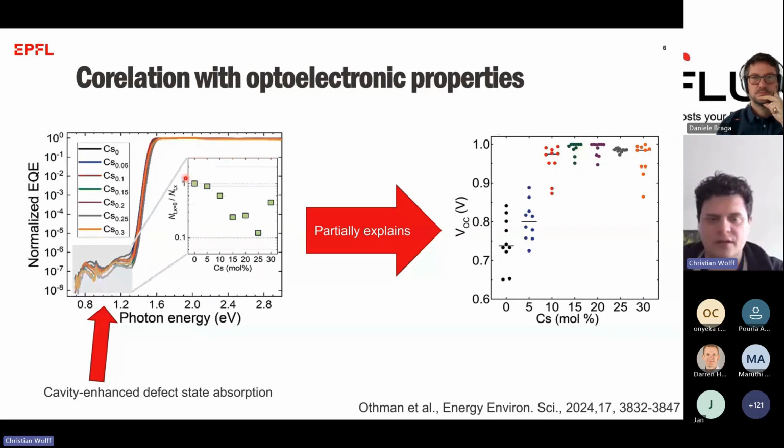If you have a change of any recombination induced effect by an order of magnitude, so 10 times more, you should not expect a VOC change of something like 200 or 300 millielectron volts, but maybe more like 60 to 100, depending on your ideality factor. But we saw more than that. And the reason being that in addition to bulk recombination, we also had more surface recombination in these devices.